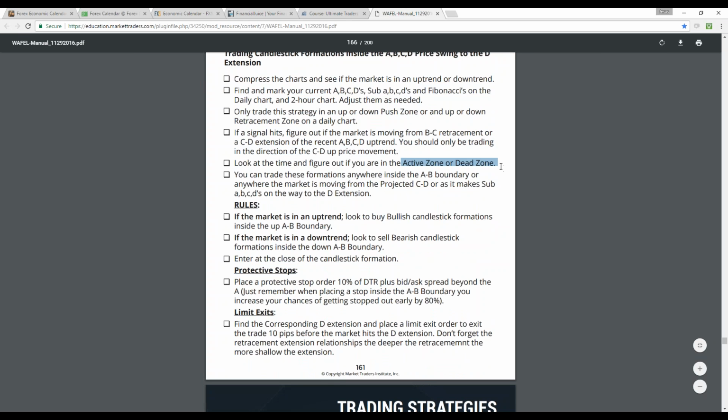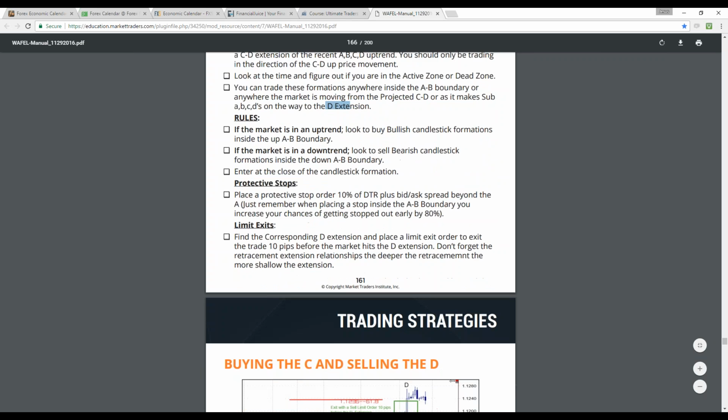Know that if you're trading in the dead zone, you might see less volume, and as a consequence of that, less directional movement. You can trade this within the C to D, within the capital AB or the sub ABs in the direction to the capital D extension.